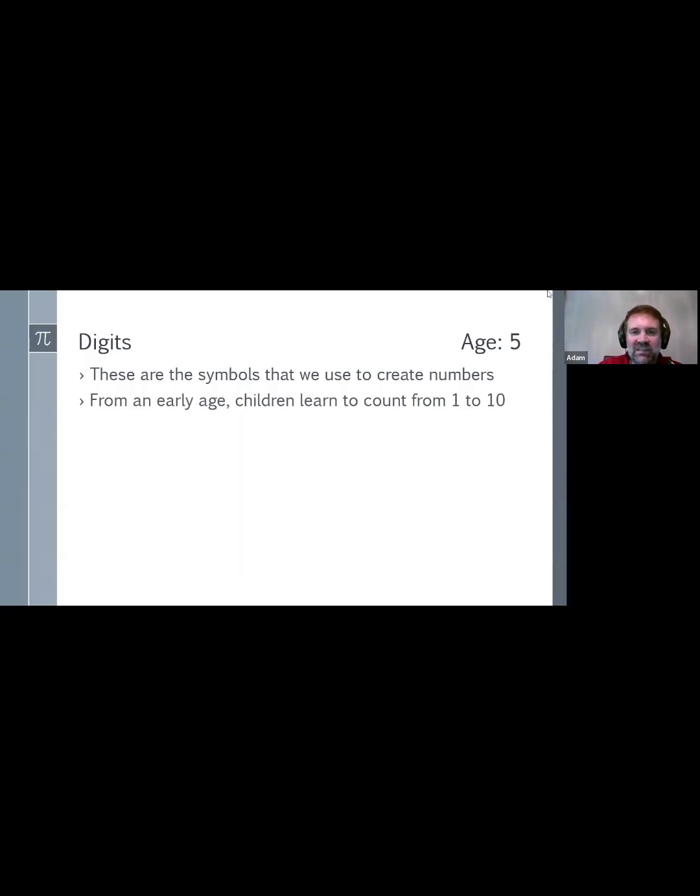I think we have 10 digits in our 10 fingers. With the 10 fingers, we can count 1, 2, 3, 4, 5, 6, 7, 8, 9, 10. So these are the numbers that we know.